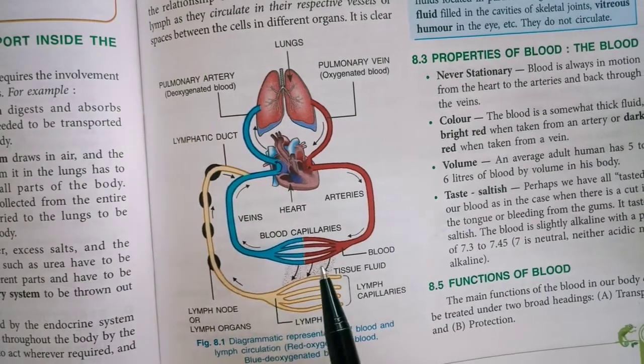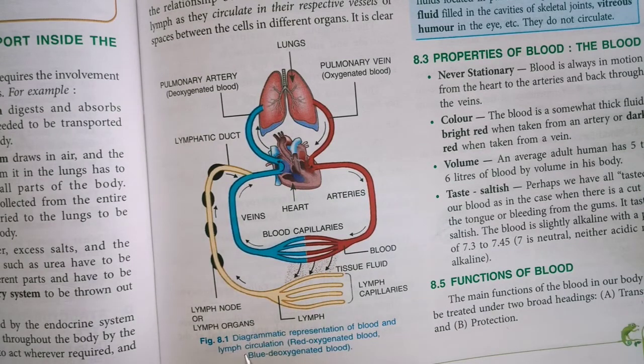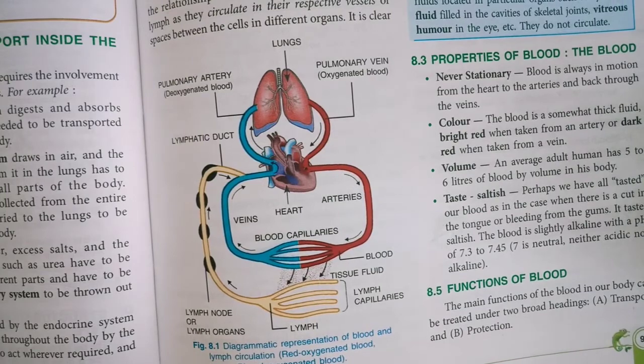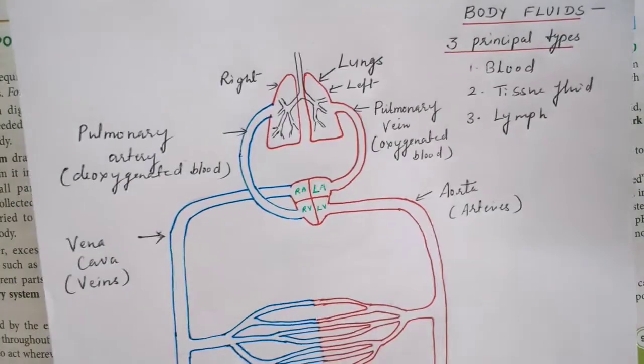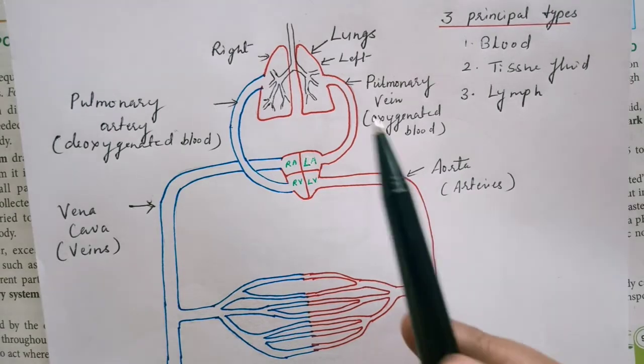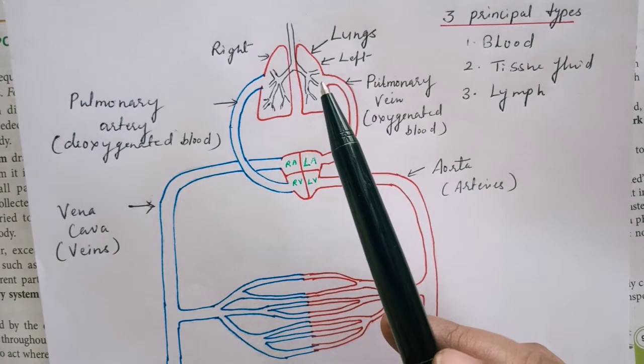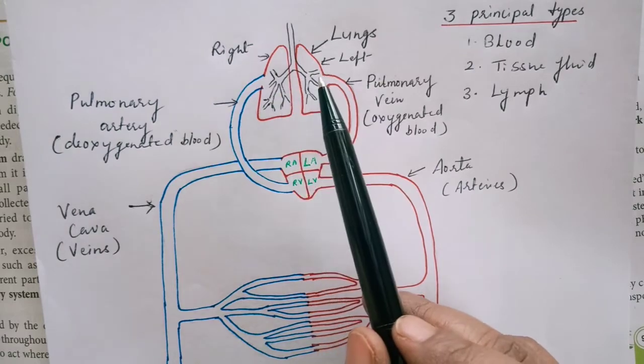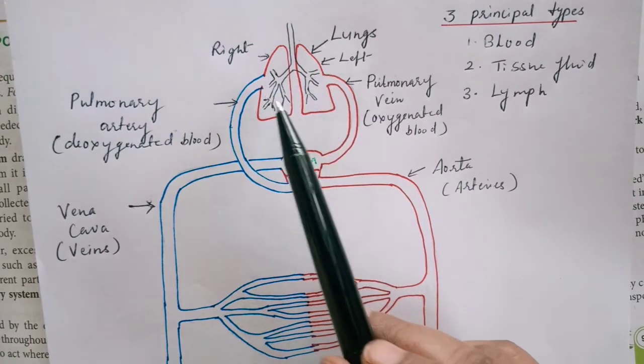Look at this figure given in the book, which gives a diagrammatic representation of blood and lymph circulation in our bodies. Now have a look at this figure, students, which I have made for explanation purposes. See the labelings and the different structures present over here. The two lungs, the left and the right lungs.